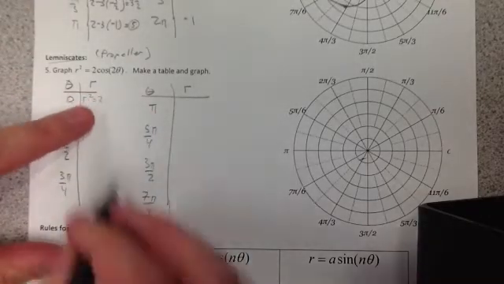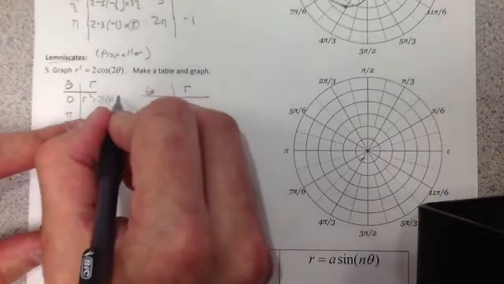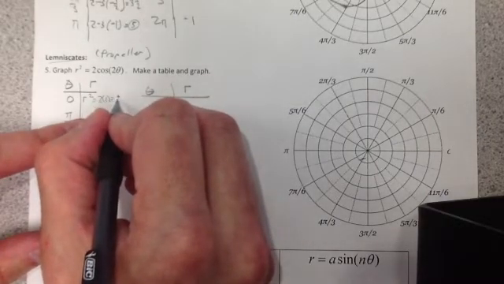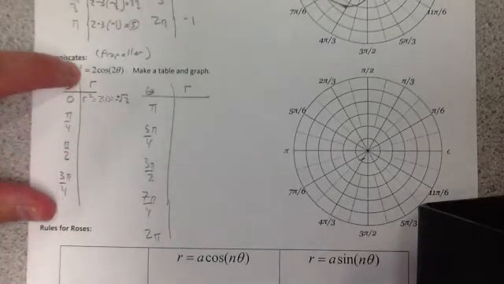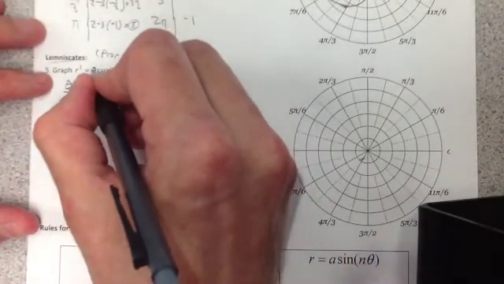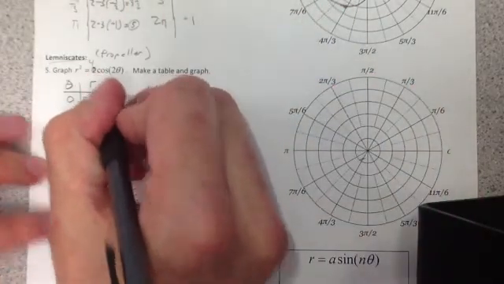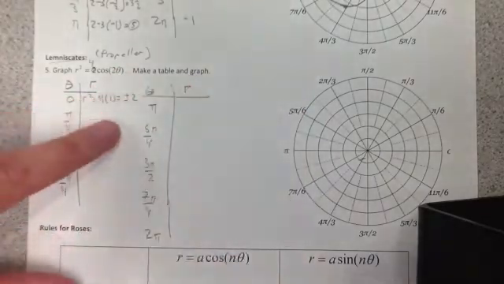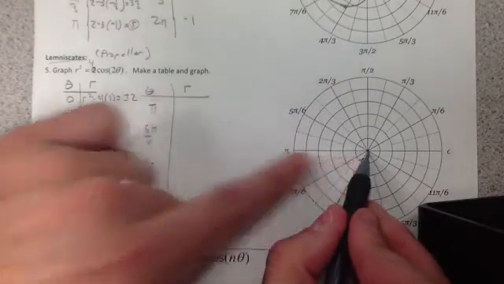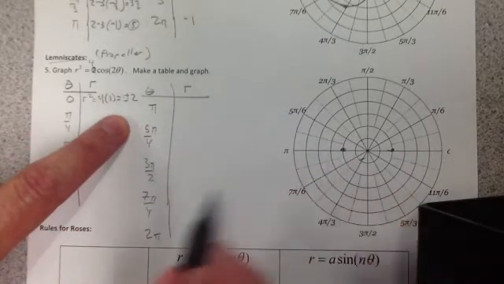Well, what's the cosine of 0? 1. So we get plus or minus the square root of 2. I probably should have picked a different number. You know what? Let's cheat. Let's make that 4, just so it looks nice and pretty for us. So this becomes 4, and the cosine of 0 is 1. So we get plus or minus 2. So at 0, my radius says I go out 2 in both directions.